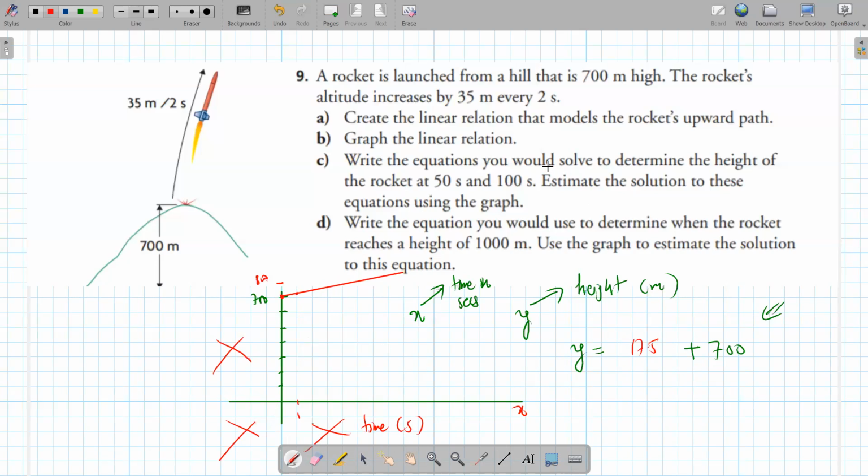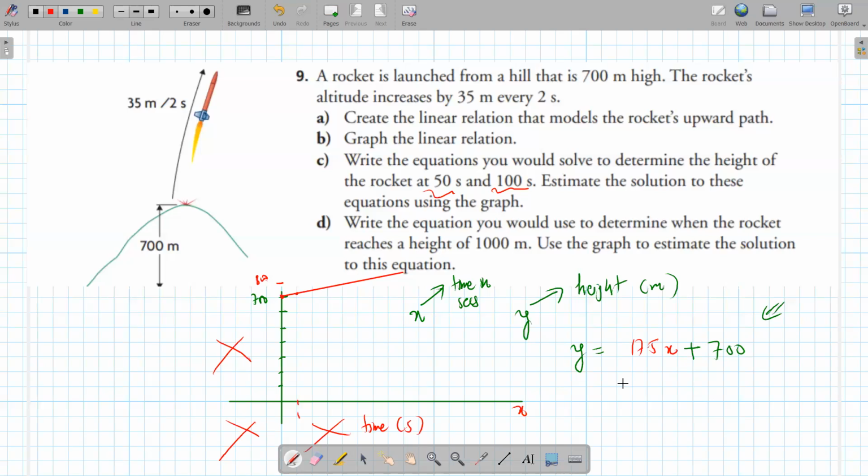Write an equation that you would use to solve. When the time is 50 and 100 seconds, what is the height? Okay, so they want individually 50 seconds and 100 seconds. So x will be 50 then 100.